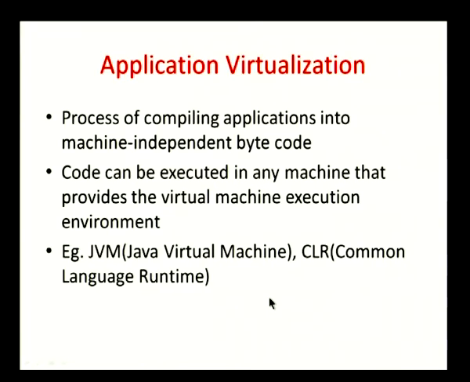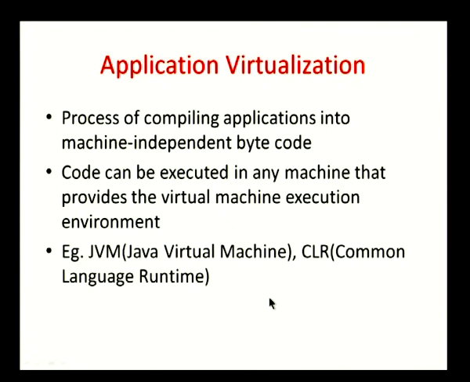The common platform is created using the JVM and the compiled version of the Java program from any environment is executed in this JVM. So, you have the OS, above that you have the JVM, and the JVM acts as the common platform for executing your program, whereas in the case of a C program we do not have such a virtual machine. That is why we are not able to execute it.